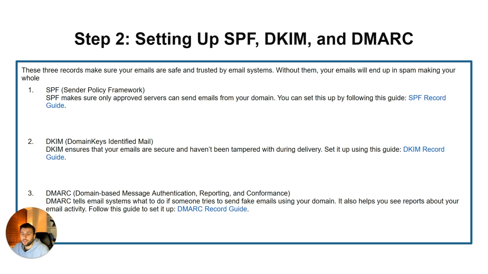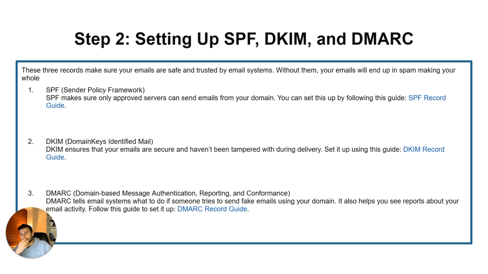So how to actually set these records up? First of all, before I talk about these records and how to set them up, what the hell even are these records? Now, I personally don't know. The only thing I know is that they're absolutely crucial if you want to have your email land in the main inbox and not in spam or promotions or others.